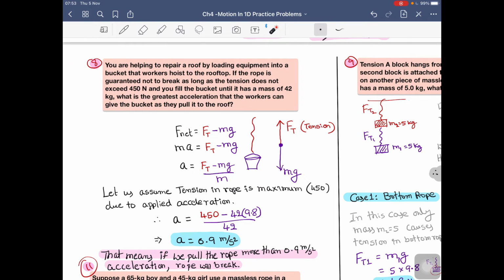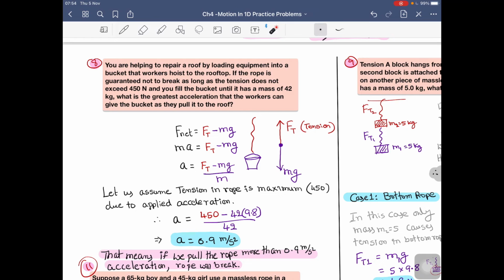So here we have taken a rope and a bucket hanging from it. Let us see what forces are acting here. The downward force is mass times gravity, and then the upward force. Because of the hanging mass, the rope will experience tension.